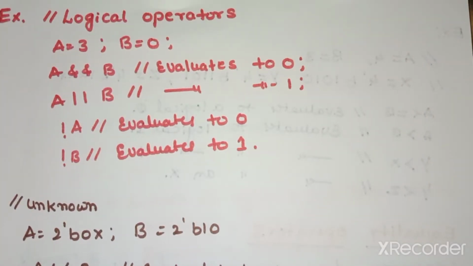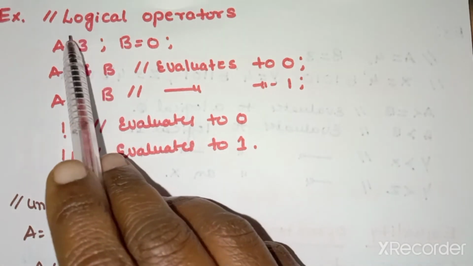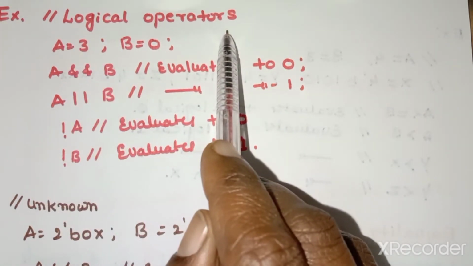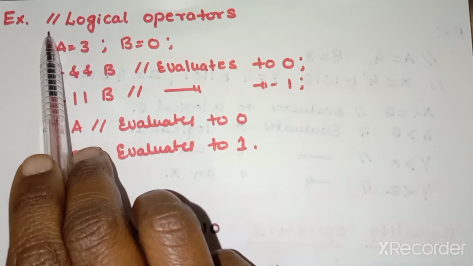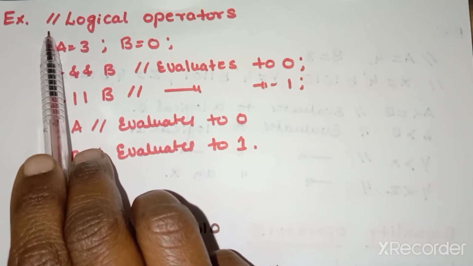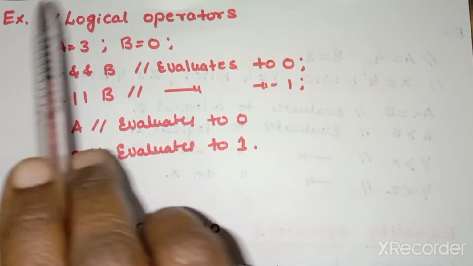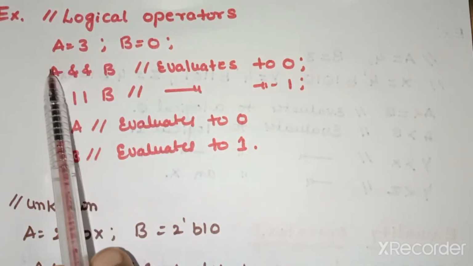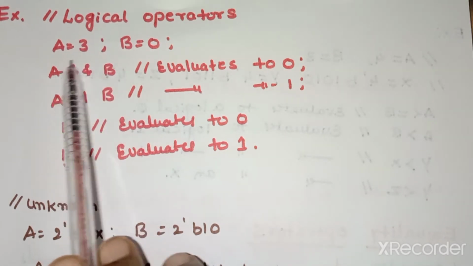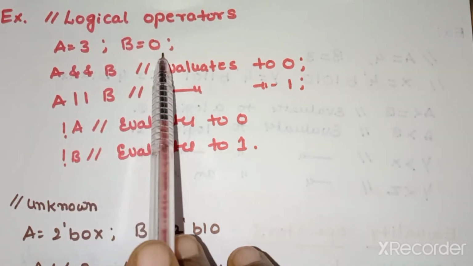Let us see an example for the logical operators. This symbol indicates a comment line. You already know a comment line is a non-executable statement. Let us take A equal to 3 and B equal to 0.